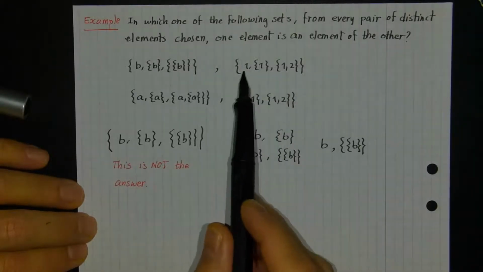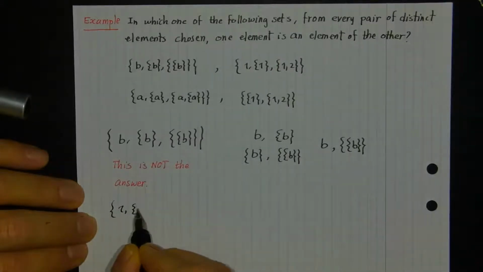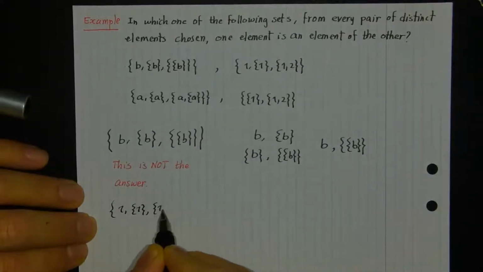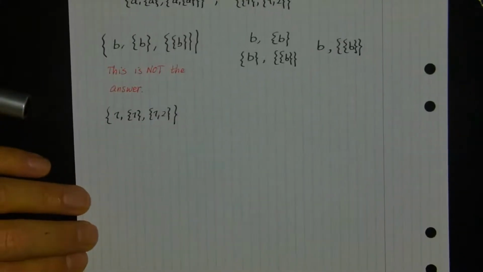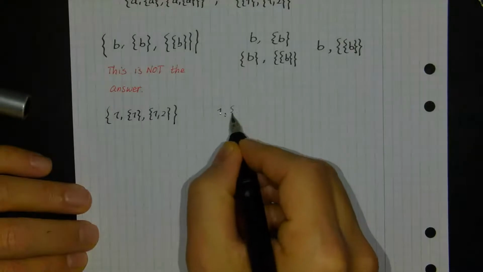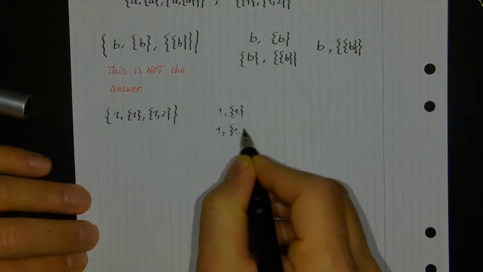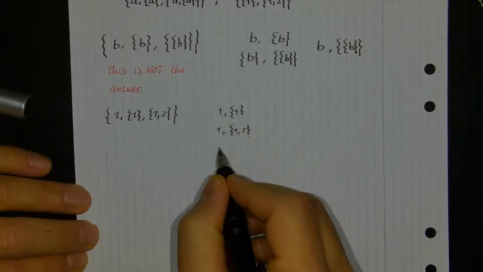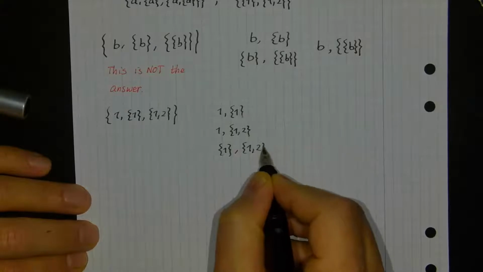So again, how many pairs of elements can I choose? Let me write it here: 1, and {1}, and {1, 2}. I can choose 1 and {1}. I can choose 1 and {1, 2}. Finally, I can choose {1} and {1, 2}.